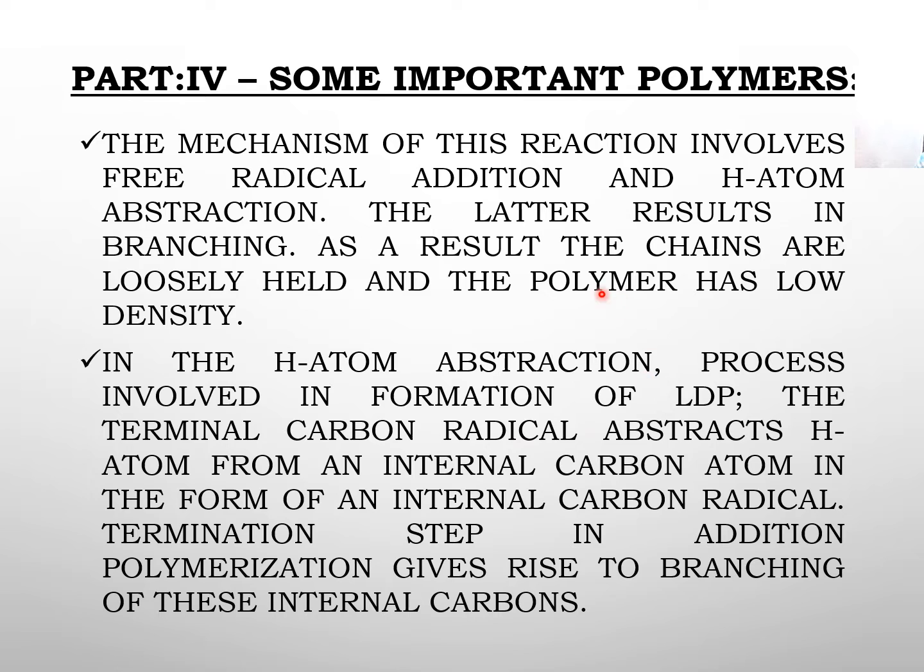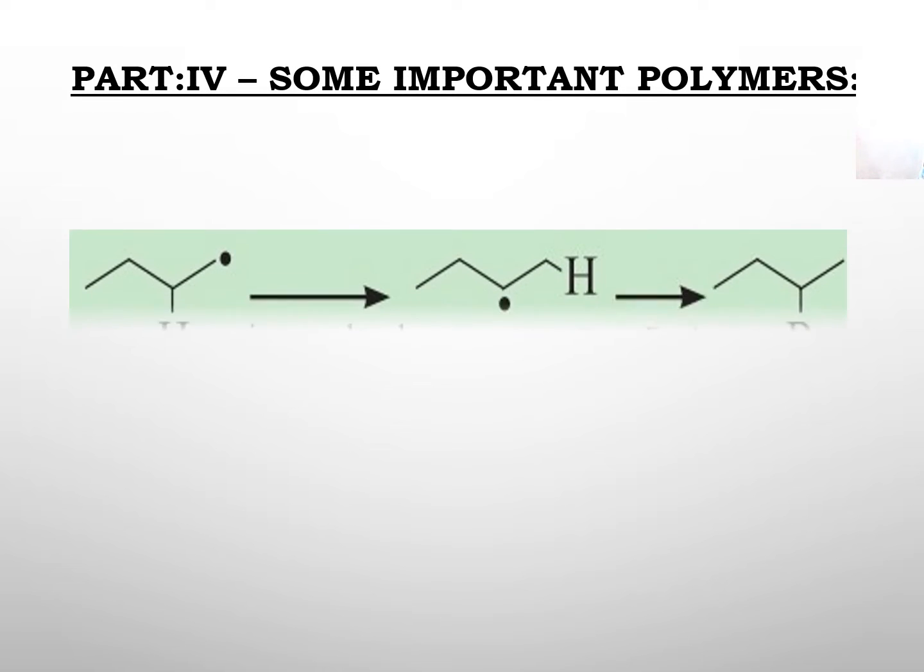Okay, in the hydrogen abstraction, what happens? In the process involved in the formation of LDP, the terminal carbon atom radical abstracts a hydrogen atom from an internal carbon atom, forming an internal carbon radical. So termination steps in this polymerization give rise to a branch at these internal carbons. So basically by hydrogen abstraction, branching is formed.